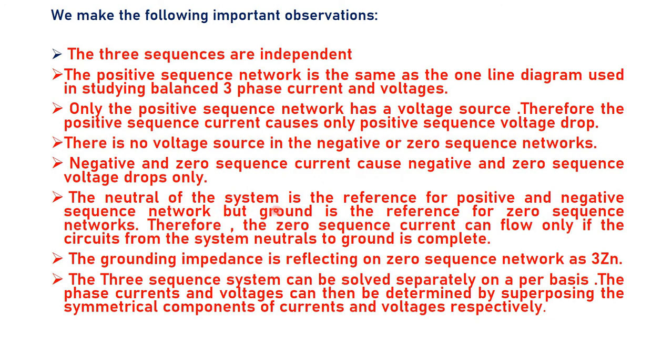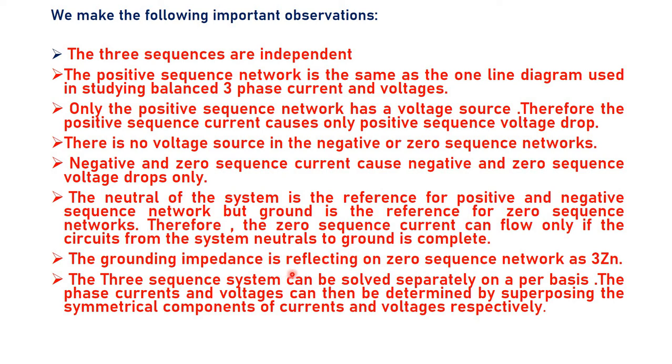The neutral system is the reference for positive and negative sequence networks, but ground is the reference for the zero sequence network. Therefore, the zero sequence current can flow only if the circuit from the system neutral to ground is complete.